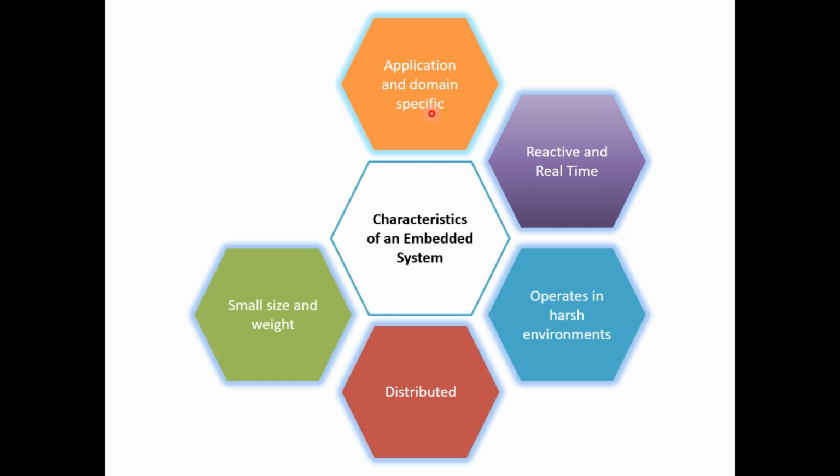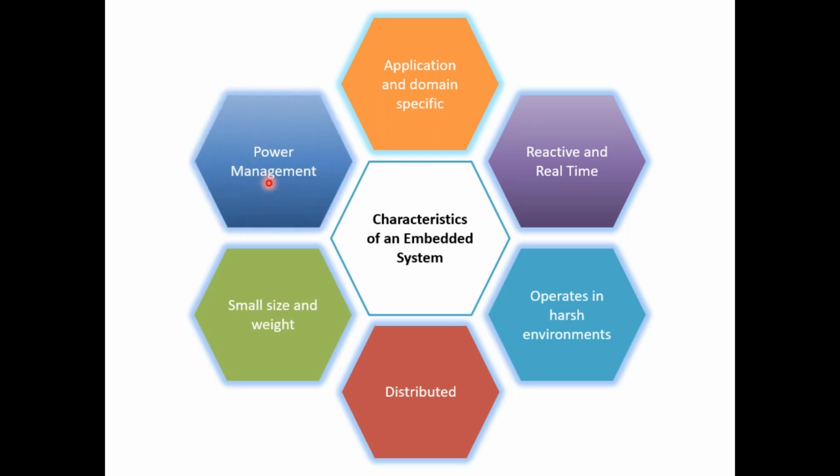The last and very important characteristic would be power management. It's another important factor that needs to be considered in designing an embedded system. Power is a concern. We should always design the embedded system in such a way that it minimizes the power consumption and thereby heat dissipation in the system.